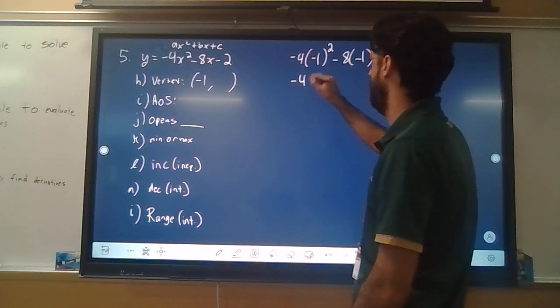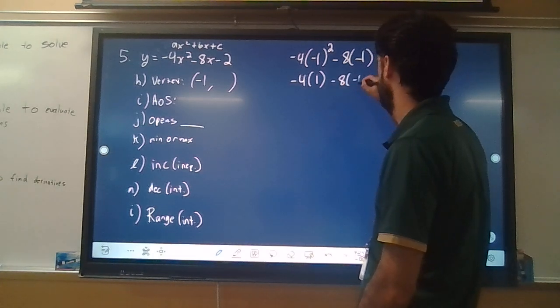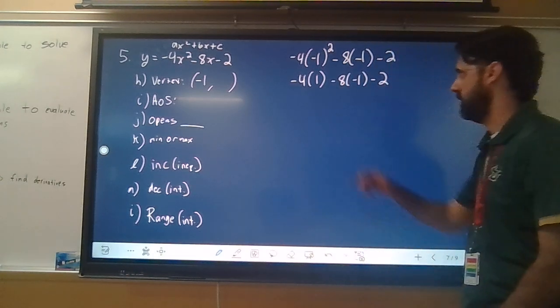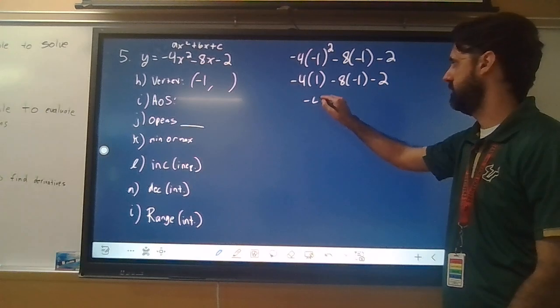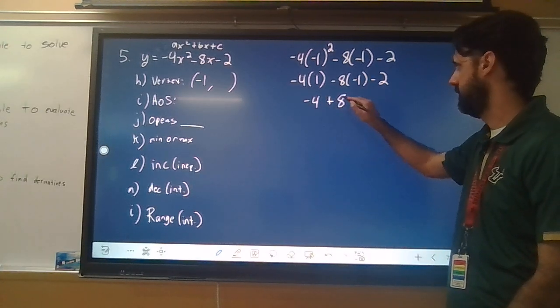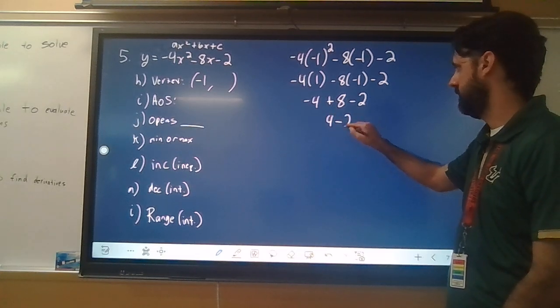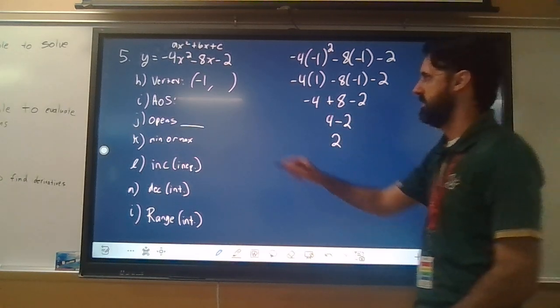Okay, so -1 squared is +1. Now we're ready to multiply, so -4 times 1 is -4. -8 times -1 is +8, and minus 2. -4 plus 8 is 4. 4 minus 2 is 2. That's our y coordinate.